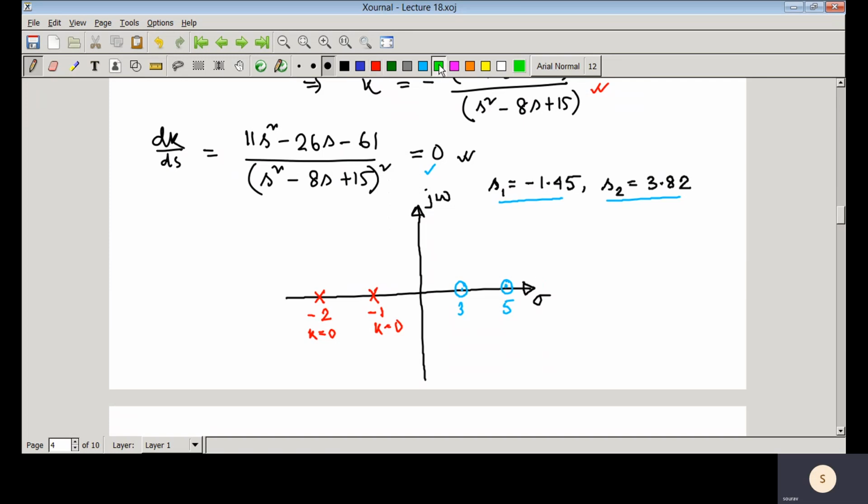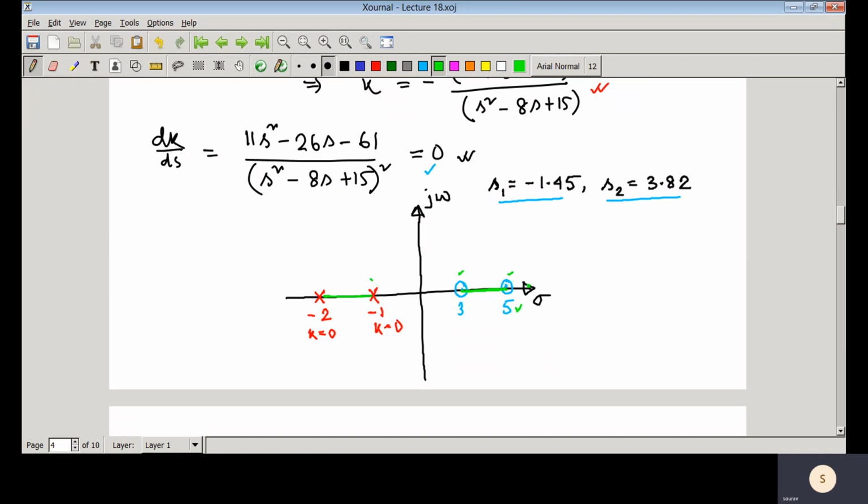If you look at which segments of the real axis are part of the root locus, this is one segment, because on the right-hand side the number of poles and zeros must be odd. Here on the right there is 1, and for this part, looking to the right, there would be 3, because 1, 2 and 3.